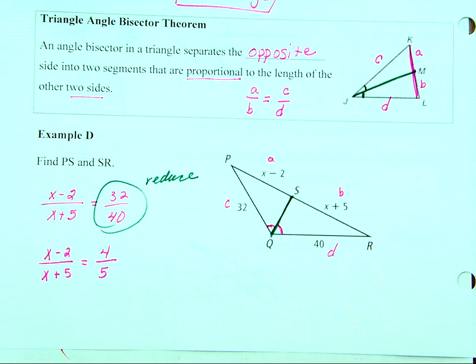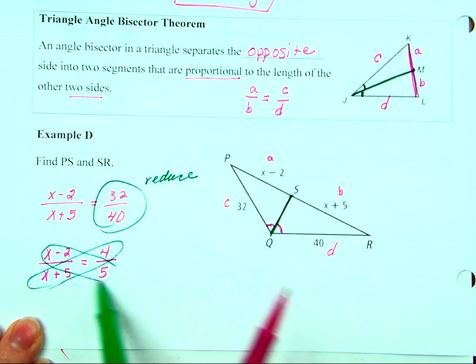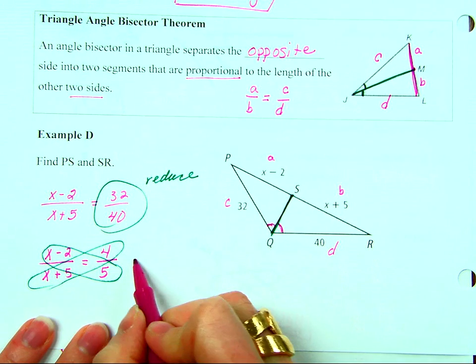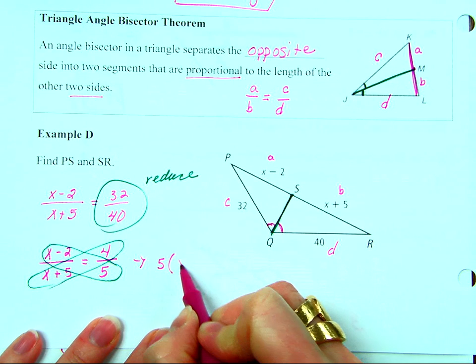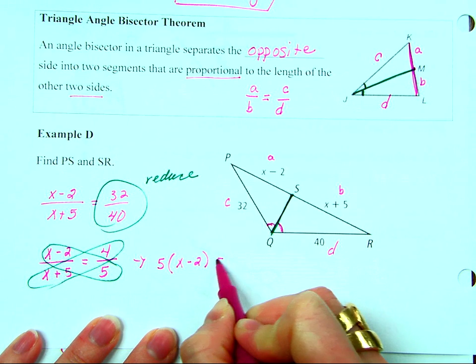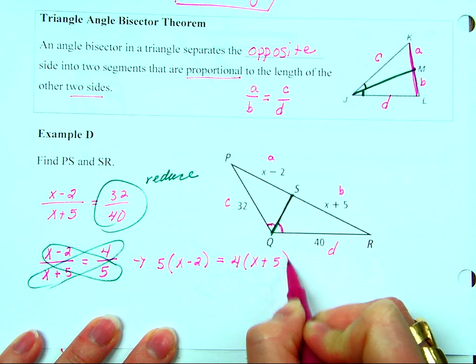It just makes it easier to work with. Now, when we set up our cross products and solve, we're going to need to remember that we have to distribute. 5 times the quantity x minus 2 should be equal to 4 times the quantity x plus 5.